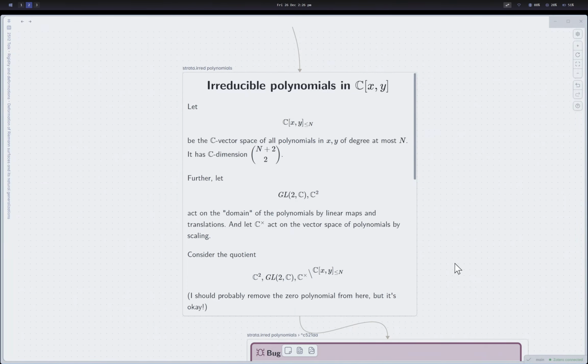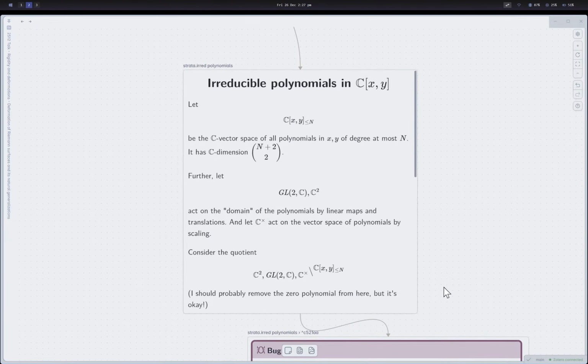It's a vector space of some dimension, and let linear transformations act on it, translations act on it, and scaling by a non-zero scalar act on it, and then quotient by all these actions. So I want to look at an equivalence class of a polynomial up to an affine transformation of its domain, and scaling of the polynomial.